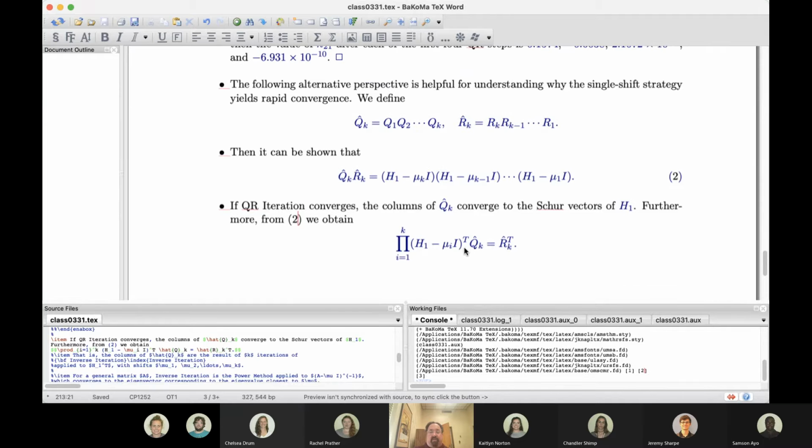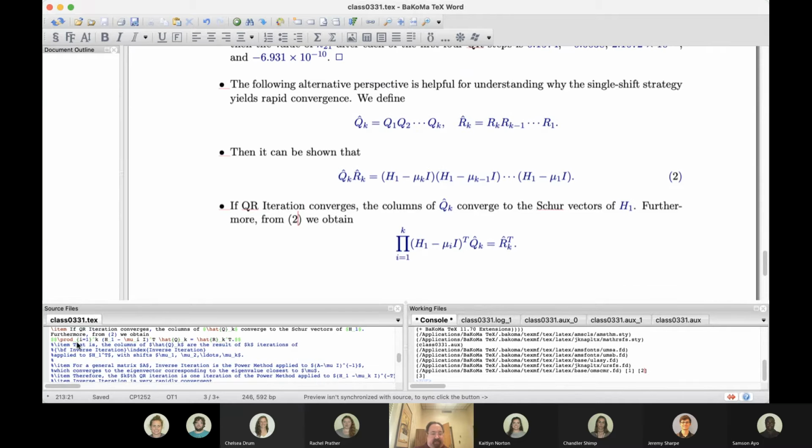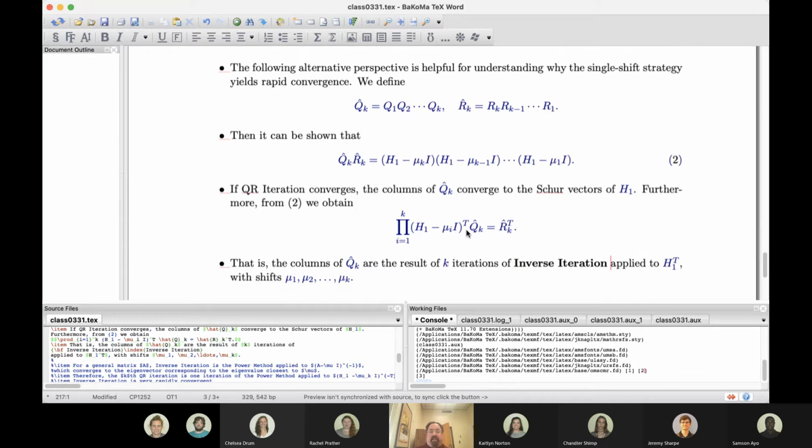Now, what's interesting about this is that this equation is saying that the columns of Q_k hat come from applying what's called inverse iteration to H1 transpose with these shifts.